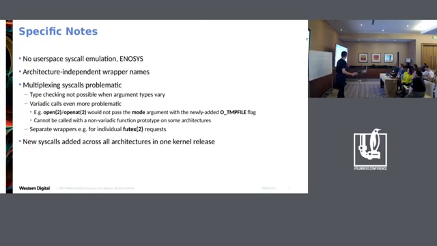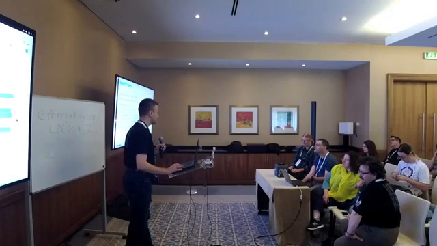Another point is that it's preferable if a new syscall is added across all the architectures in a single kernel release, because otherwise we're going to have issues keeping track of which syscall has been added in which release for each of the architectures.